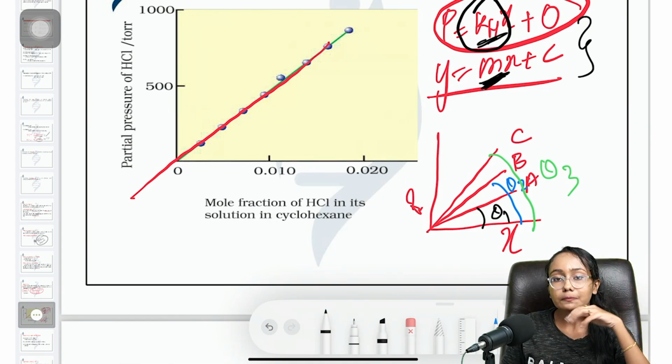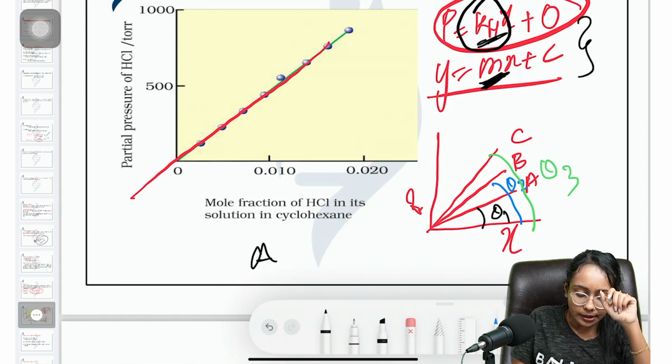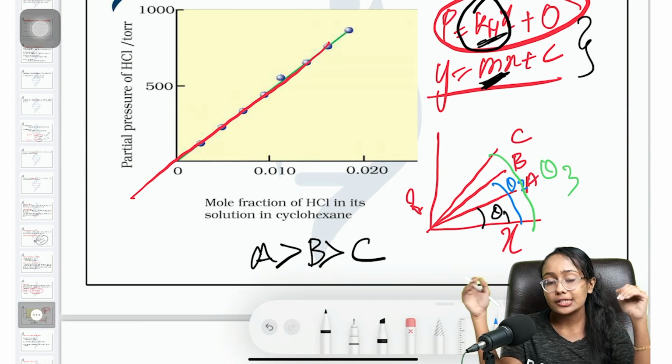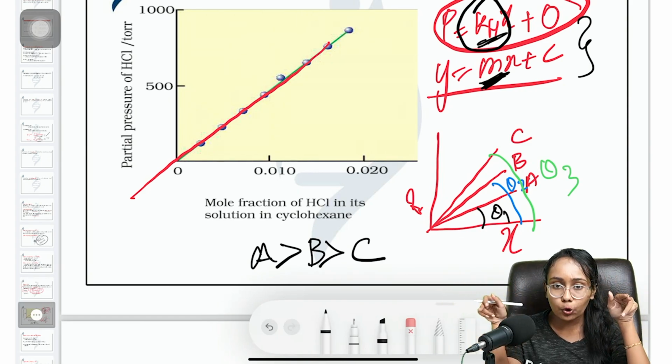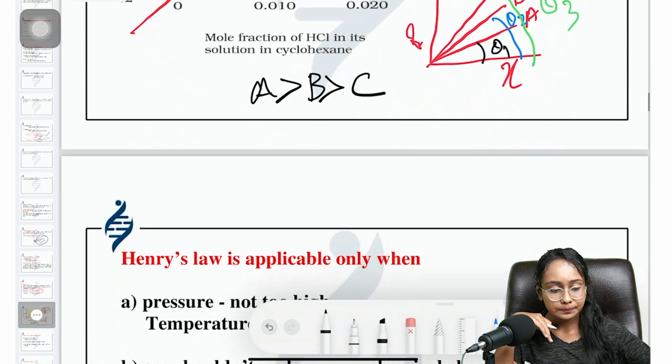Yes, A has greater solubility, then B, and then comes C. C has very less solubility because the slope is very high. Tan theta is high, so Kh is very high, hence solubility is very less.